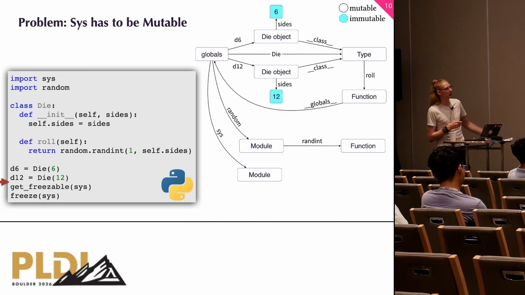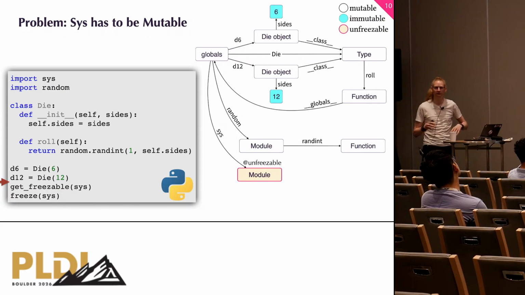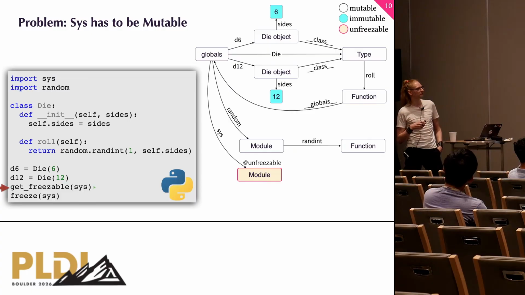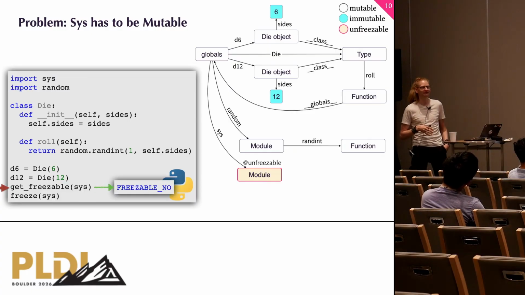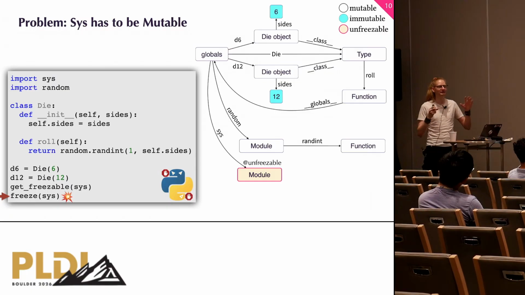If we look at this program and roll it back a step, we can mark the sys module as unfreezable. So this sets a flag saying this cannot be turned immutable. And we can also go to the runtime and request this, and the runtime will say, don't freeze this. And any attempt to do this will result in an exception, and the interpreter preventing you from doing that.